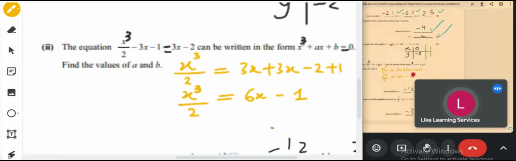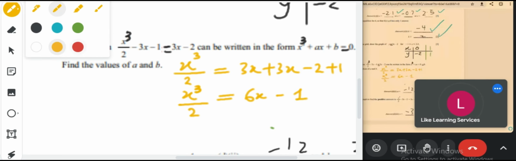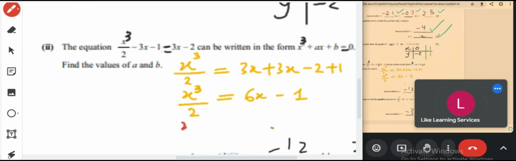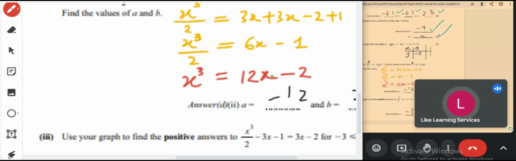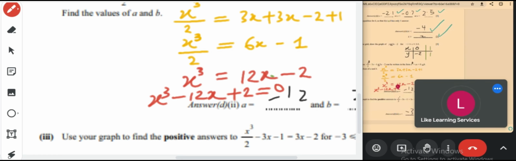And then you cross multiply, and you got x cubed is equal to 12x minus 2, and you carried everything to the other side, becomes x cubed minus 12x plus 2 equals 0.